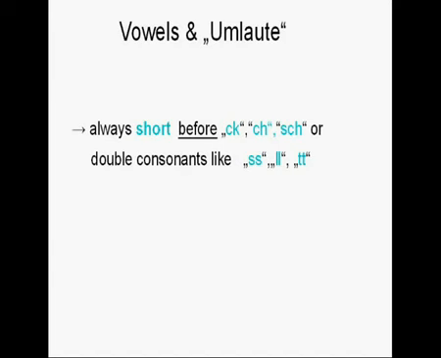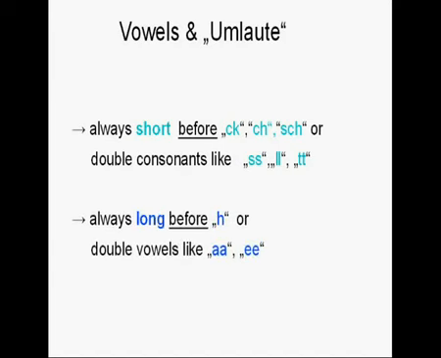And vowels and umlaute are always long before an H, or before double vowels like AA, EE, and so on and so forth. But unfortunately, for every other case there is no rule.